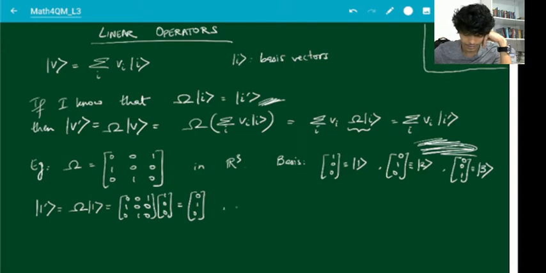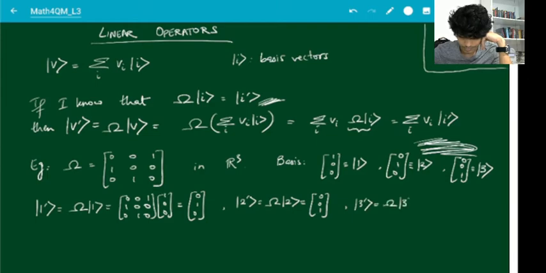Similarly, you can check that |2'> is omega operating on |2>, and this is going to give me, I think, 0, 0, 1. And similarly |3'> is omega operating on |3>, which will give me 1, 0, 0. Work it out, verify these for yourself.